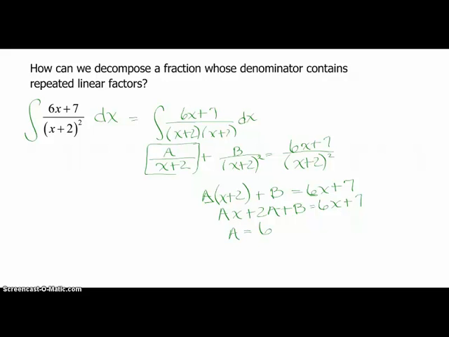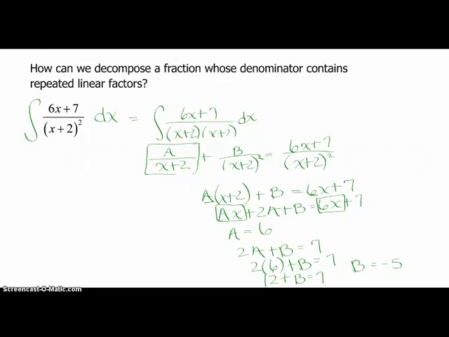Here, clearly, a has to equal 6. It's the only thing on the left side of the equal sign that is attached to x. However, 2a plus b is going to have to equal positive 7. When we know a is 6, then we have 12 plus b equals 7. b equals 7 minus 12.